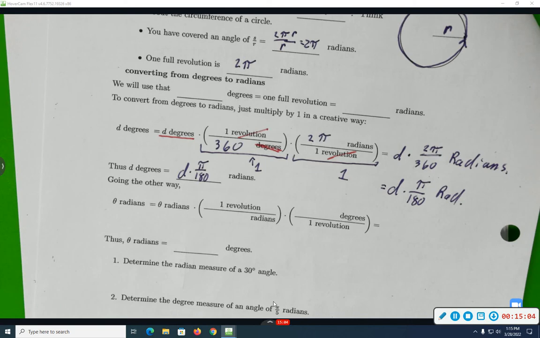Think we could go the other way around? In fact, let's try to do it without going through those same steps. If you can go from degrees to radians by multiplying by pi and then dividing by 180, what do you think you need to do to convert from radians to degrees?